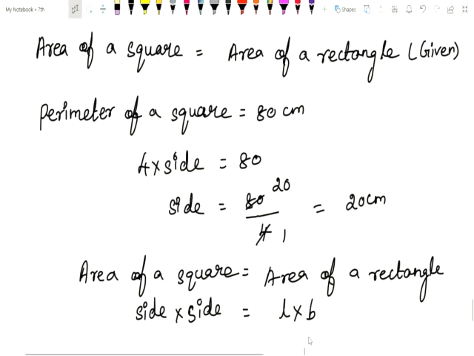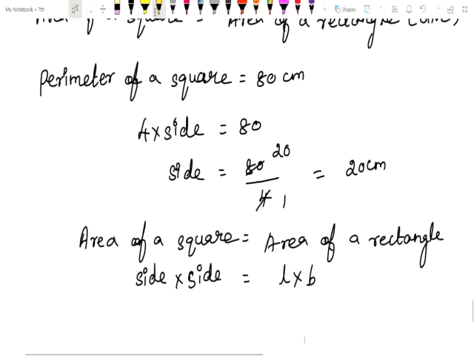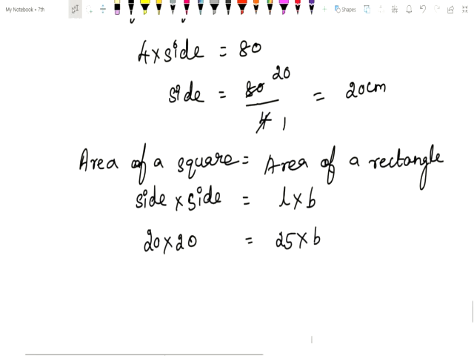In this here, side equal to 20. So 20 into 20 equal to length here 25 into breadth we need to find out. So 20 into 20 will get 400 equal to 25 into B. So we are going to find B.